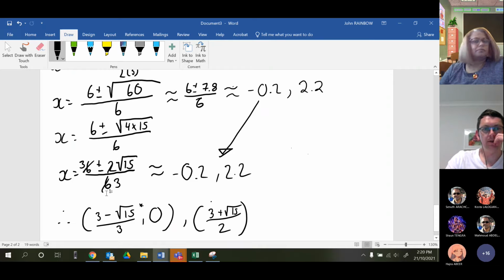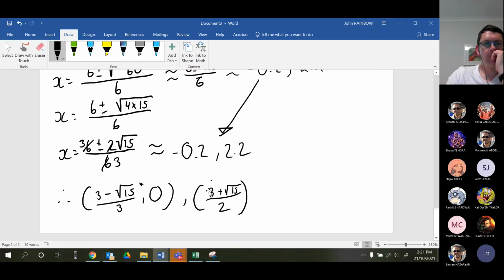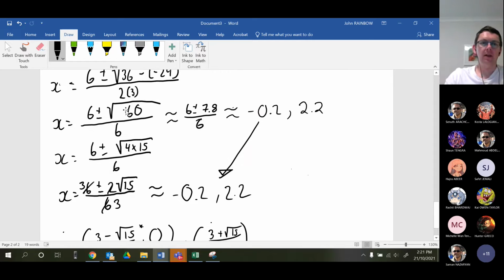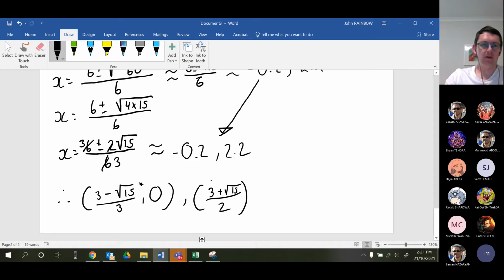And take out a common factor of 2, 3, 3, 3, 3. 3 root 15 is going to be 3 point something. That is 6 divided by 2, which is 3 point something. Okay, I do not know where I've gone wrong there.